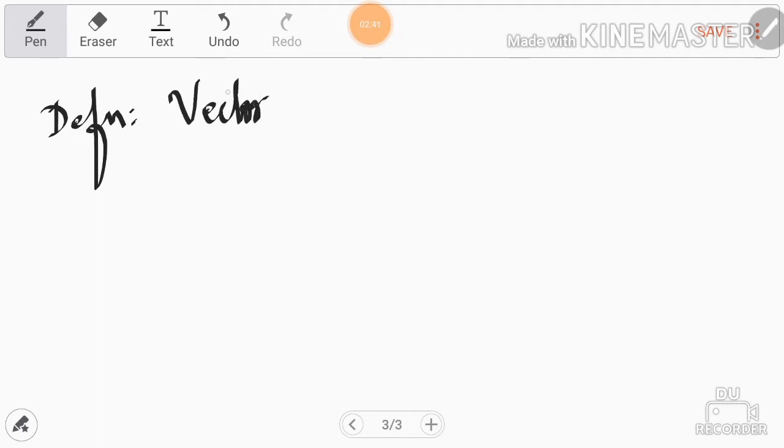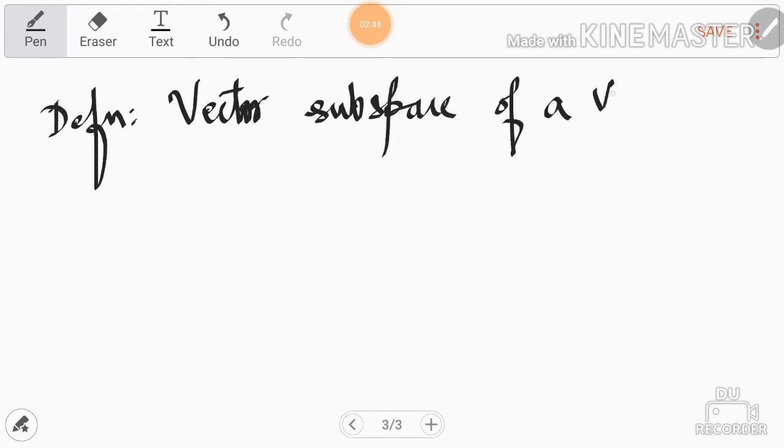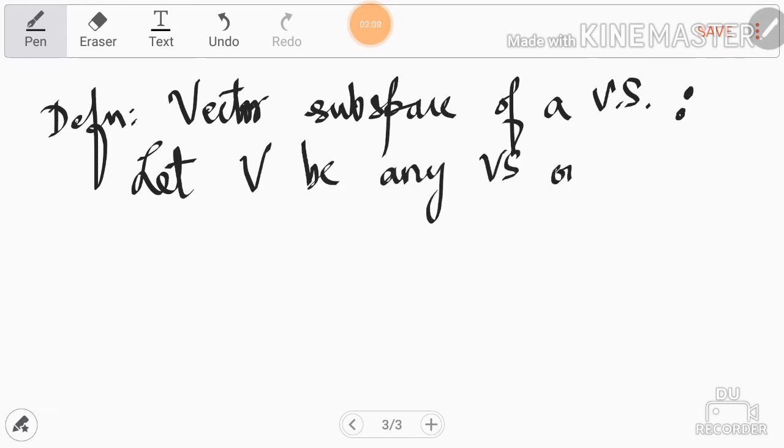So let's begin with a vector space. Let V be any vector space over the set of real numbers.